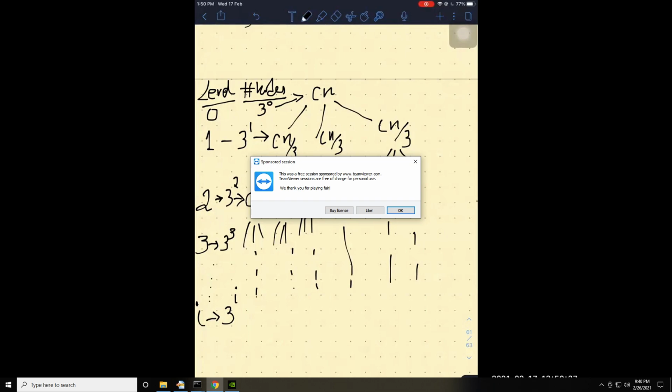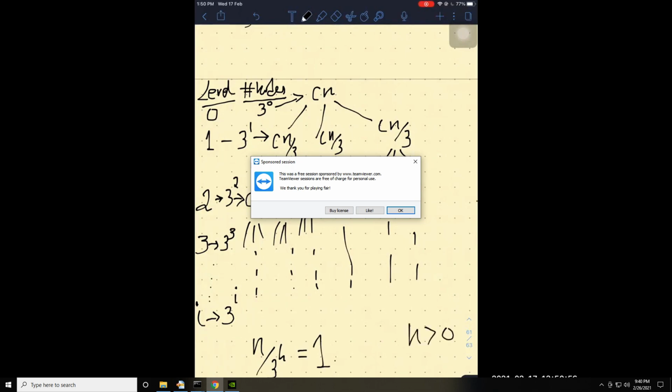Then we will assume that n divided by 3 to the power h, for some constant h greater than 0, is equal to 1. This is our assumption.